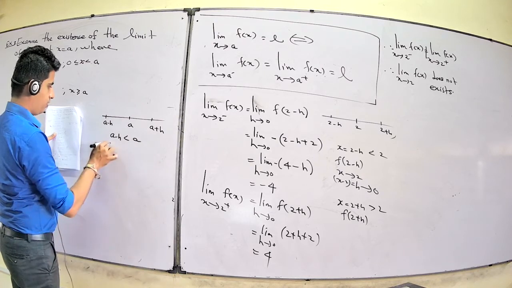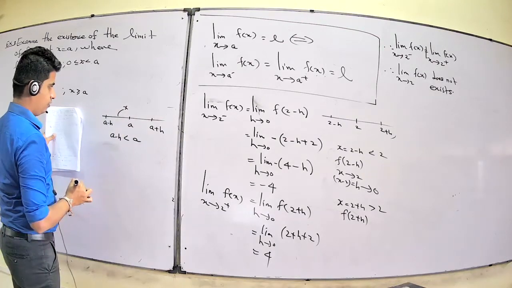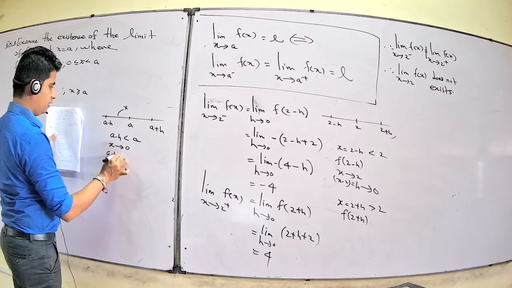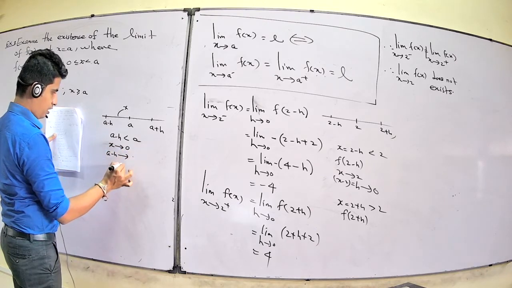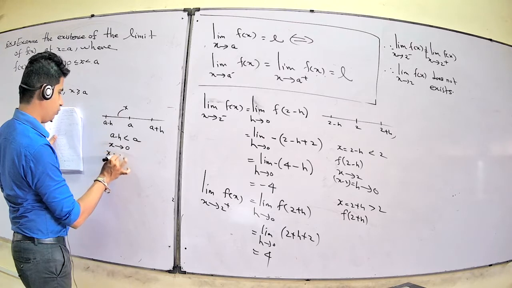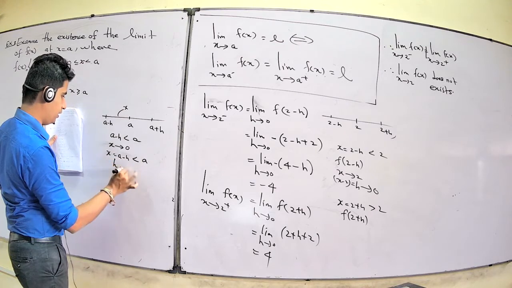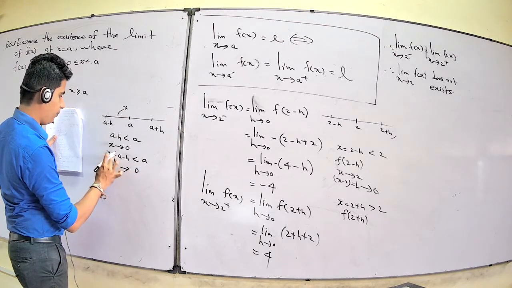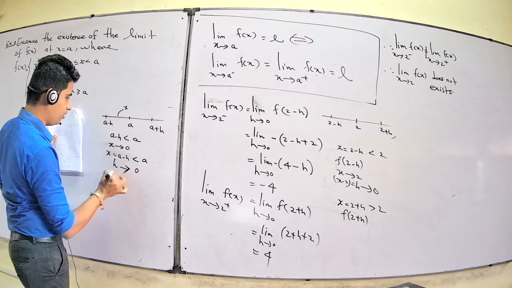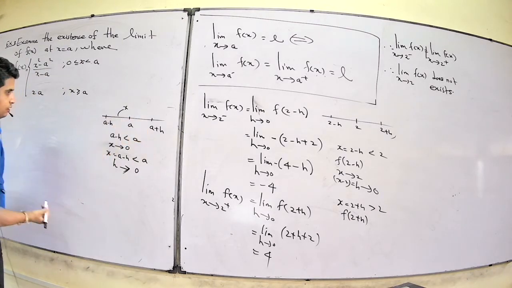Suppose you take one of the points x here. As x tends to a, h tends to 0, because you take x equal to a minus h, which is obviously less than a. Therefore a minus a becomes 0, so h tends to 0. This is for the left limit case, right?